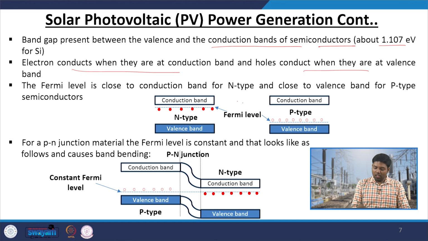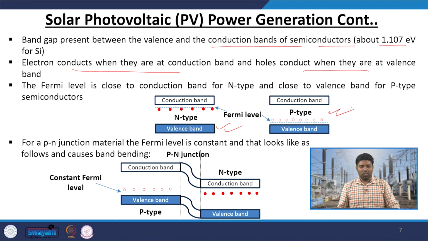So, if you see the N type and P type architecture, you can see the Fermi level, which is actually the energy level of the electrons at 0 degree centigrade, 273 Kelvin. Then you can see that it is close to the conduction band for N type and close to the valence band for P type material.